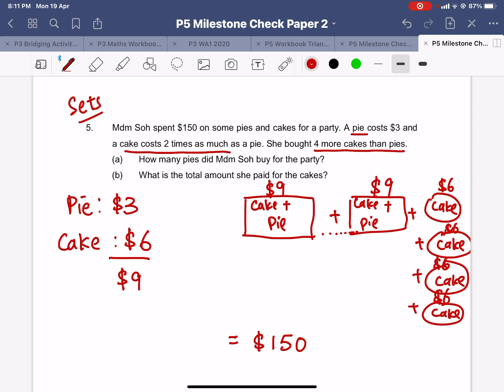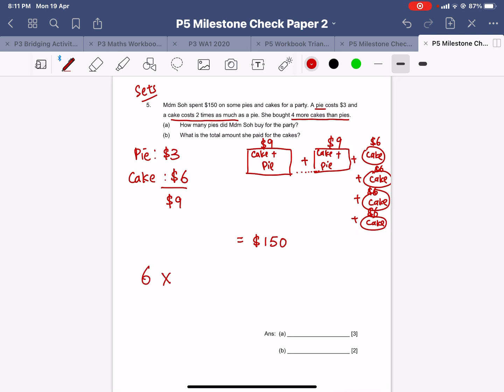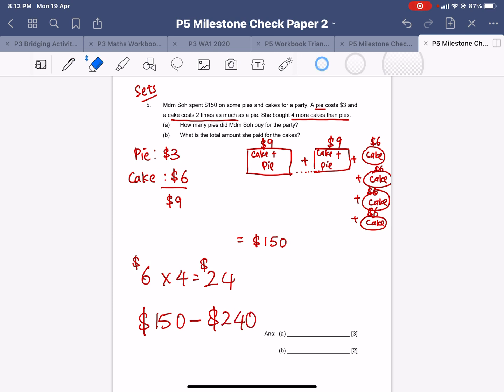But the problem is, there are these 4 extra cakes that are not part of a set. So what we could do is try to take away all these extra cakes first, because these cakes couldn't form a set. Let's take away this $24. If you take that away, now your total is no longer $150, it is only $126.